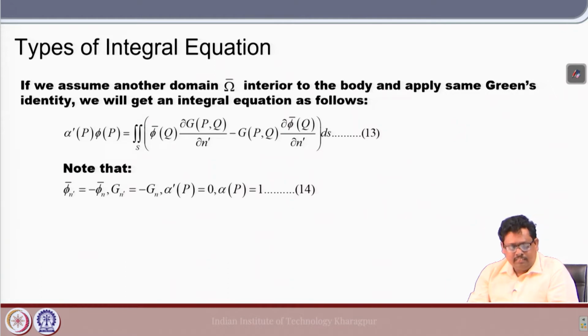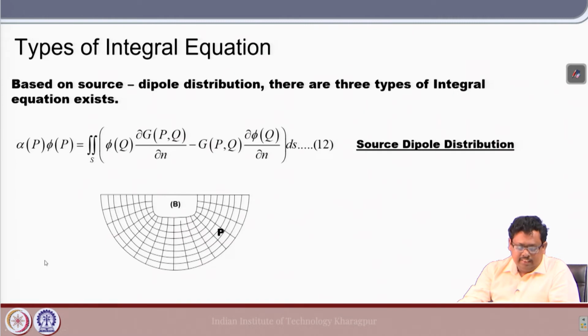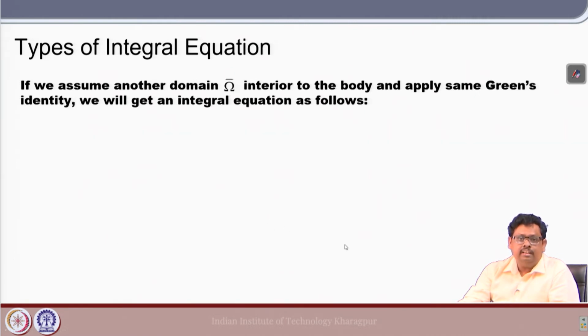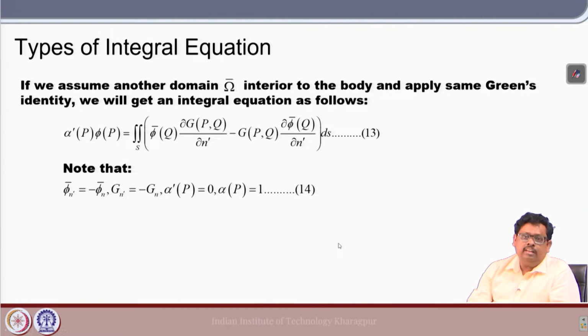Here, this p is now inside this body B, and this is the boundary integral equation. One must note that the normal is definitely the opposite. We always take the convention that the normal should be inward to the fluid.